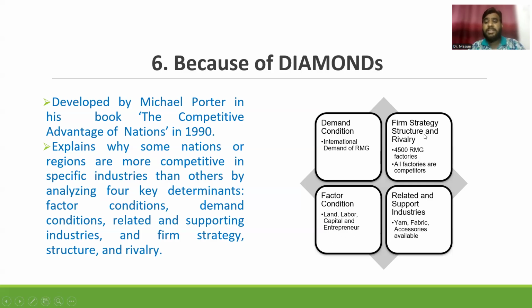And also firm strategy, structure and rivalry. There are more than 4,500 RMG factories in Bangladesh. All factories are competitors, firm rivalry. So these four diamonds are available here in Bangladesh for garments production. So the garments industry will continue to shine, and the industry will ultimately be the number one industry here in Bangladesh.